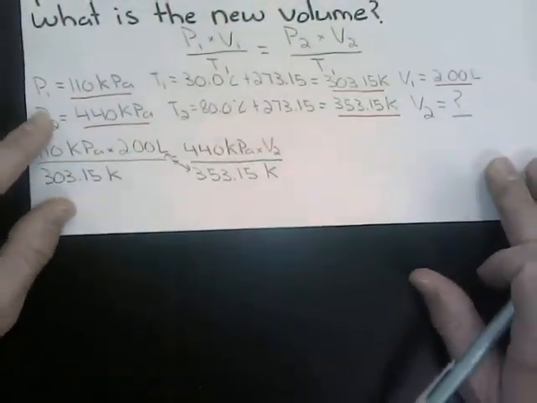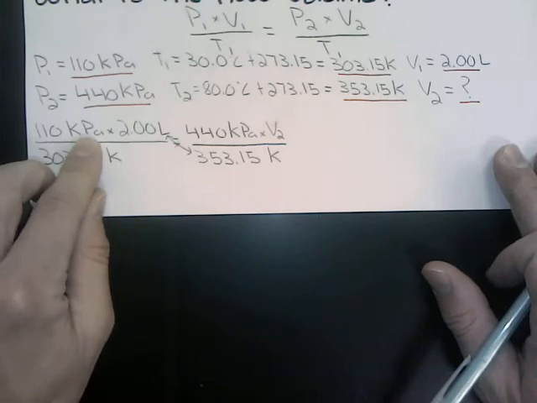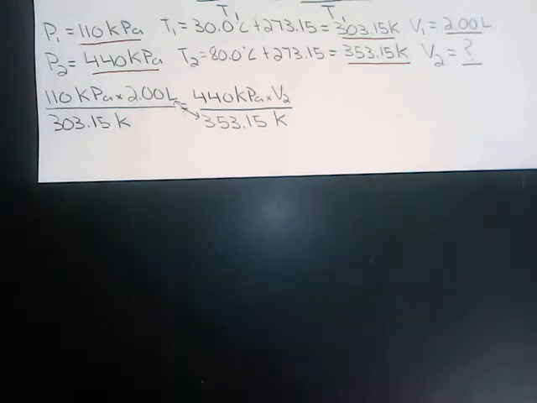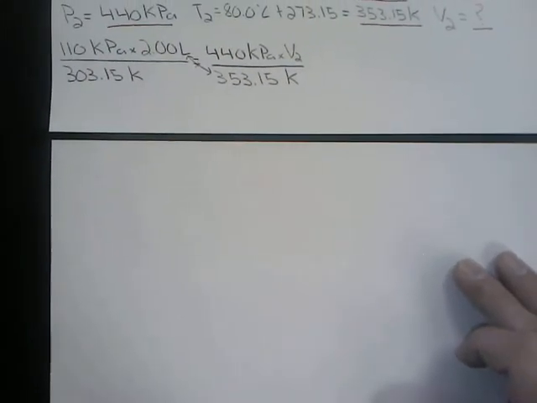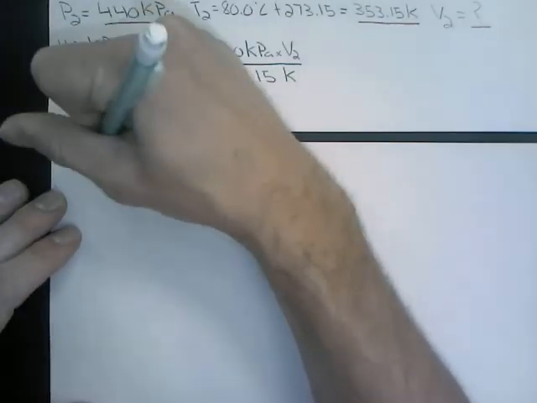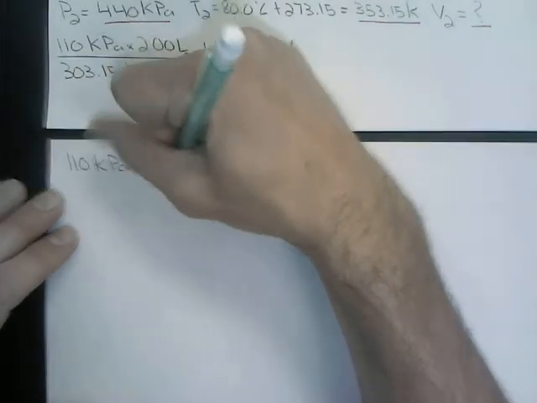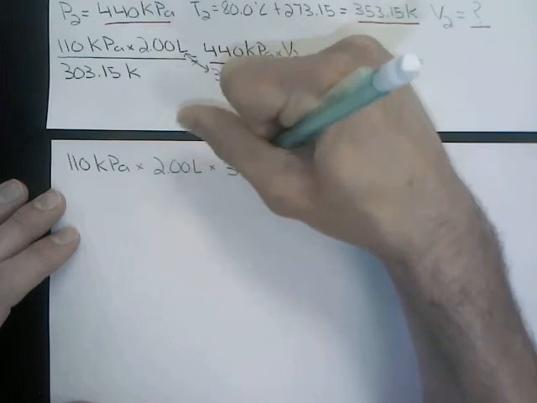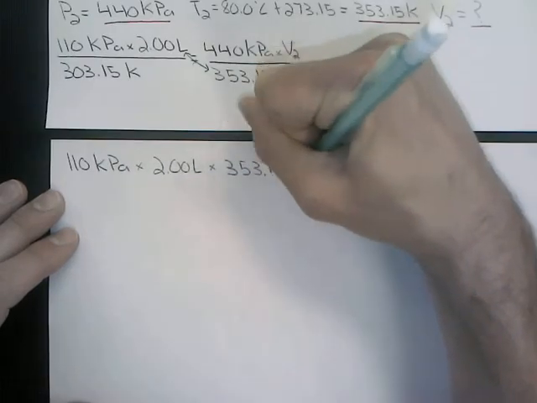And so what I'm going to do, again, is I'm going to take 110 kPa times 2.00 liters times 353.15 Kelvin. So when I do this and I consolidate this, what I get is 110 kPa times 2.00 liters times 353.15 Kelvin.